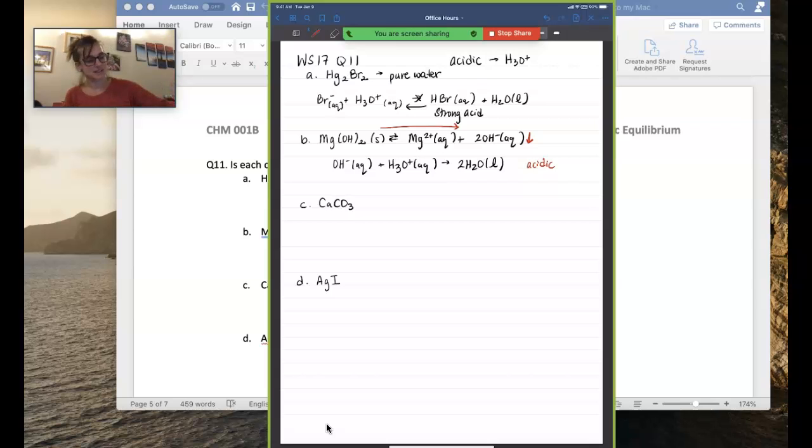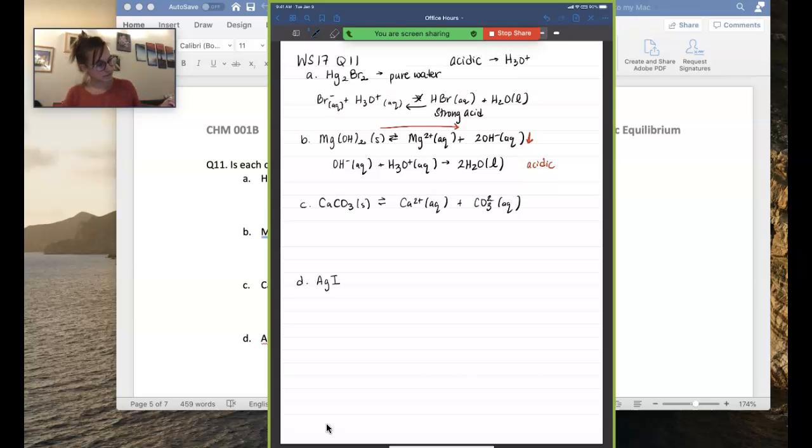Calcium carbonate. So let's look at the next example here. If we were to write the equilibria, the calcium and carbonate is the anion, we ask ourselves, okay, will this carbonate anion react with the hydronium ion here? And yes, it will, right?